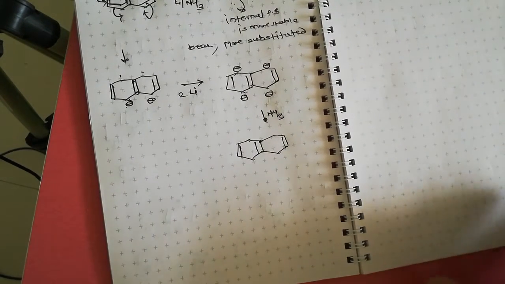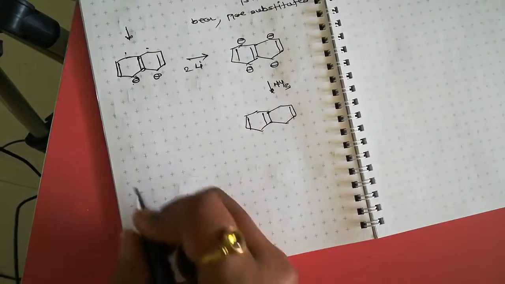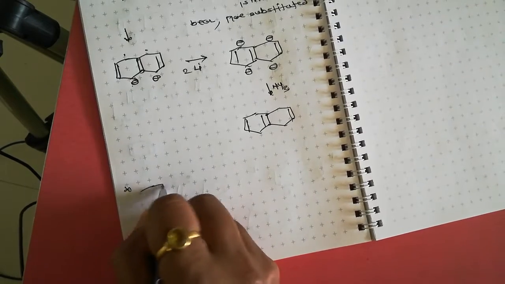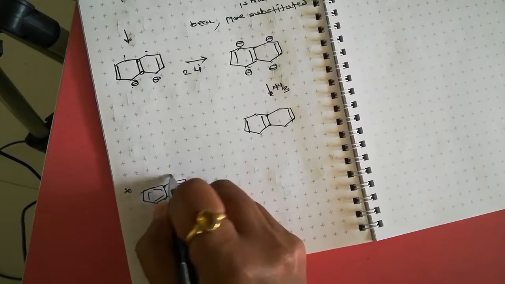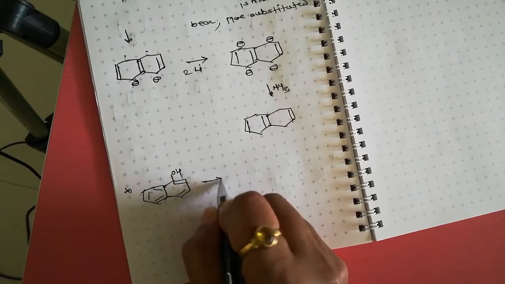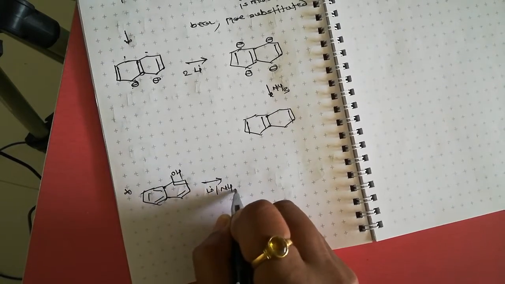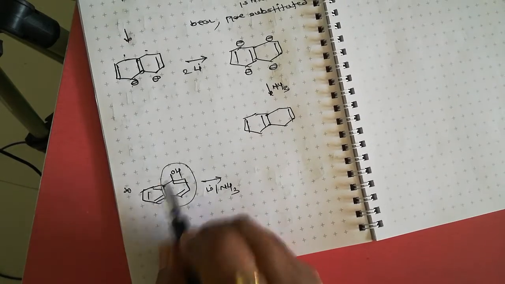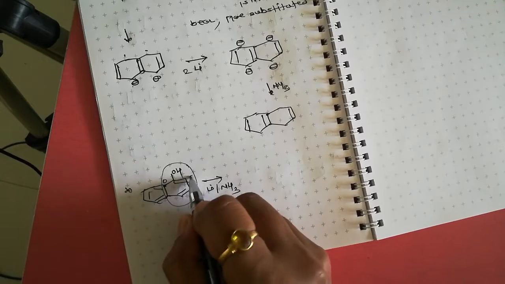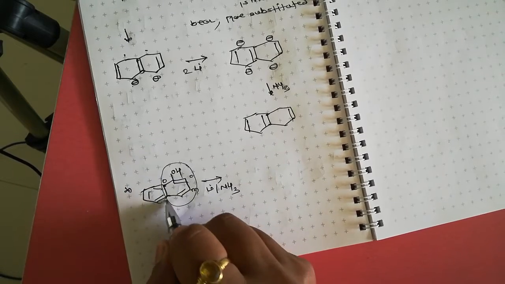Now we can see the next example. If here is the OH, what is the product? As we know, phenol does not undergo Birch reduction, but this group is electron donating, therefore ortho, meta, para.